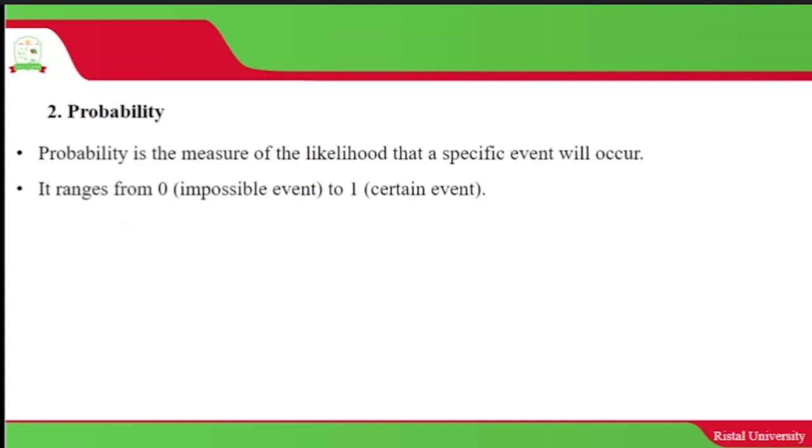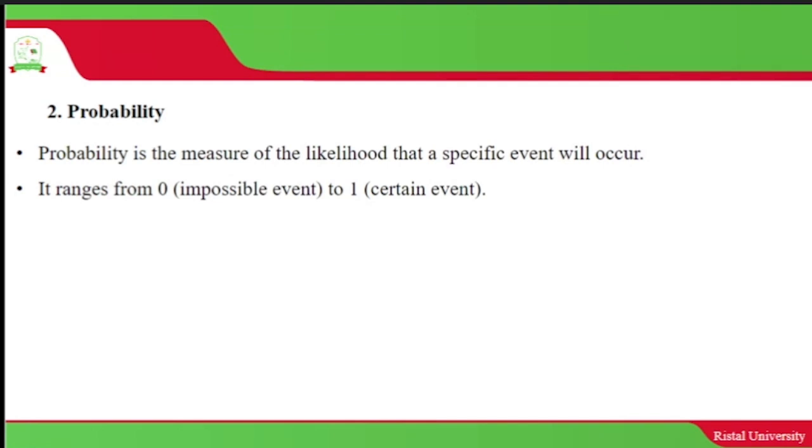Yeah. So next, let's look at probability. Probability forms the foundation for making inferences about a population based on the sample data. It is usually the measure of the likelihood that a specific event will occur.